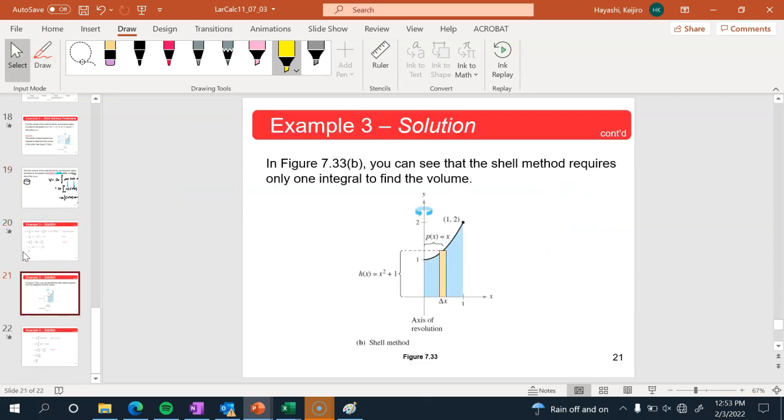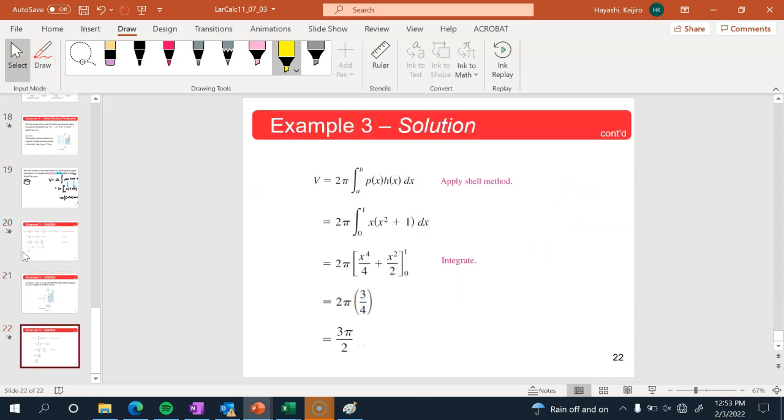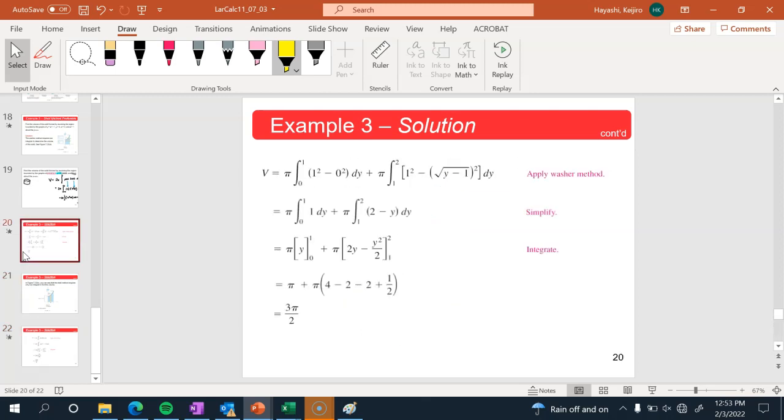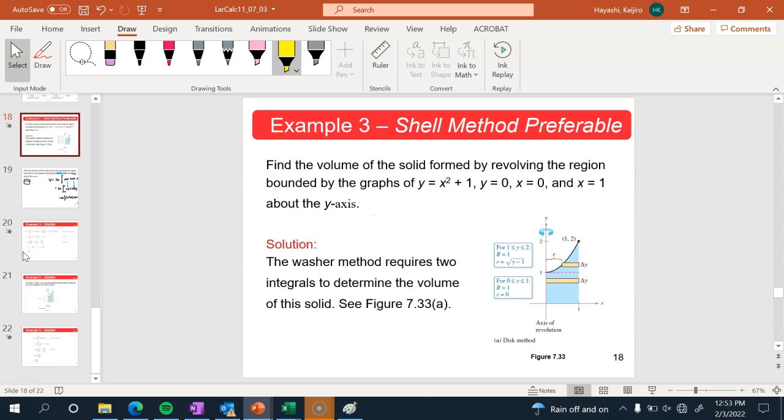Okay, right, that's pi. Yeah, one integral. Yeah, this was using the washer method. That's right.